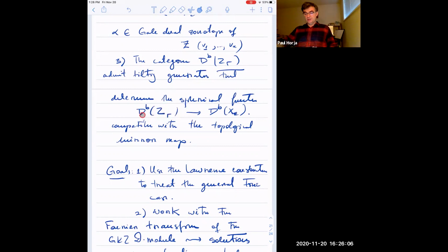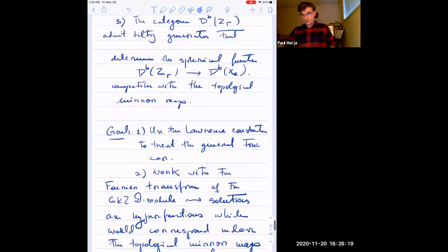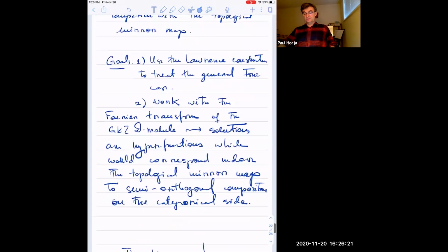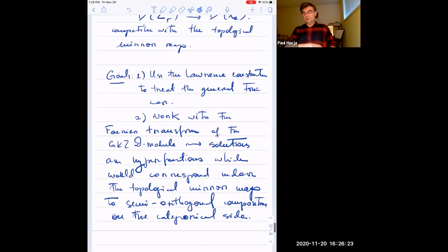So the spherical functors in this case are very explicit and compatible with the topological mirror map. So the point about this Lorentz construction would be, can we go backwards?